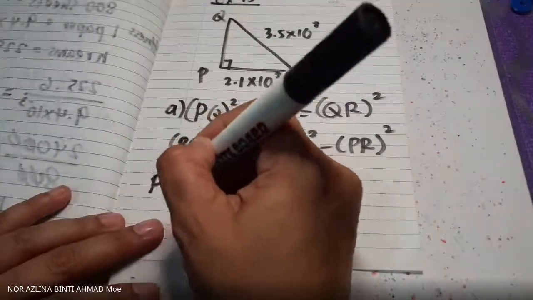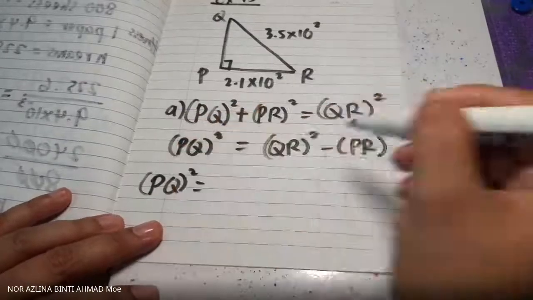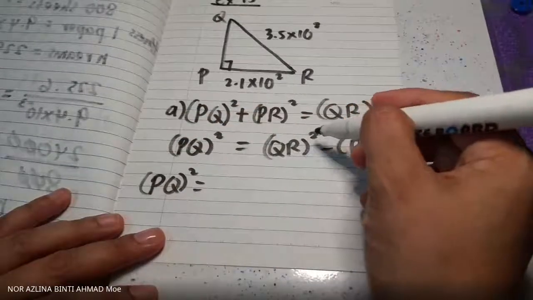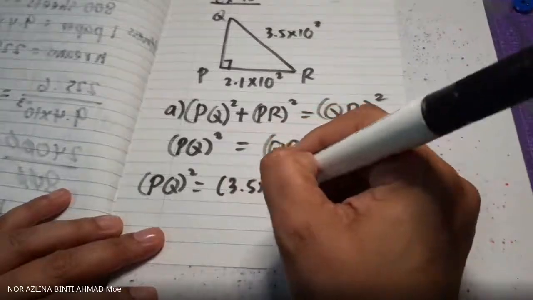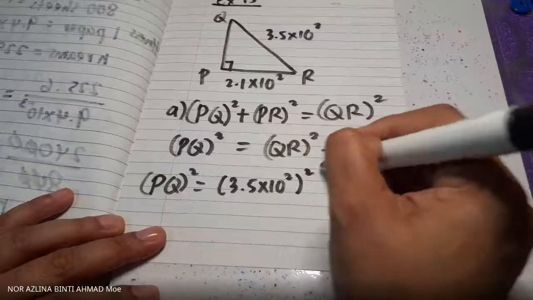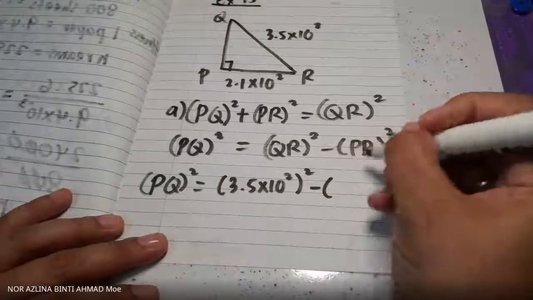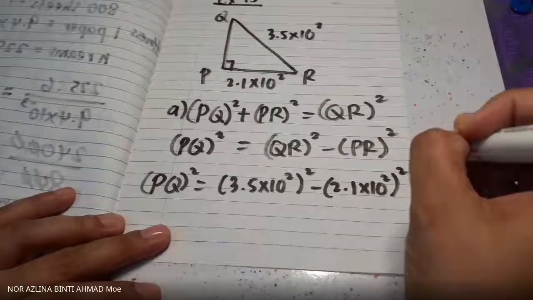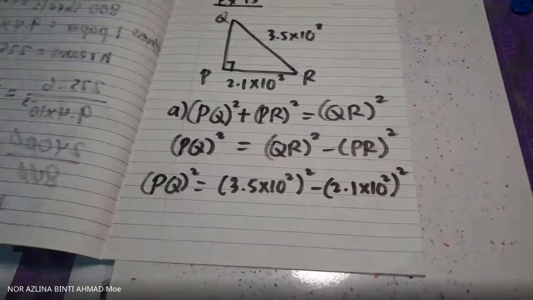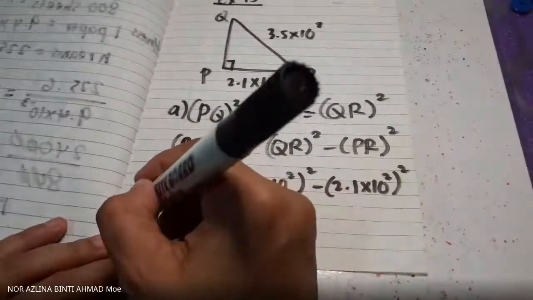So, PQ squared equal to QR squared. QR is 3.5 times 10 to the power of 2, minus PR is 2.1 times 10 to the power of 2, power of 2. Okay, you can use your calculator.